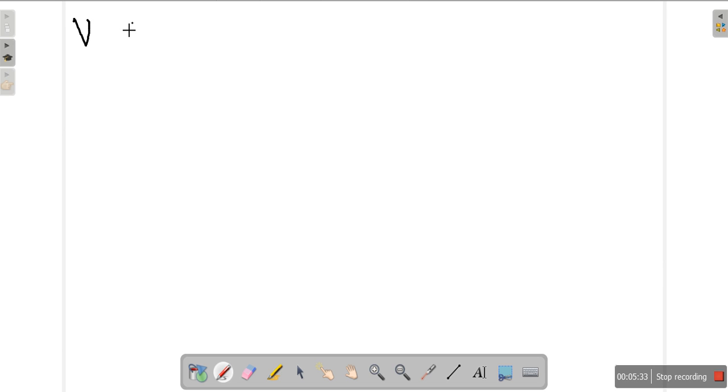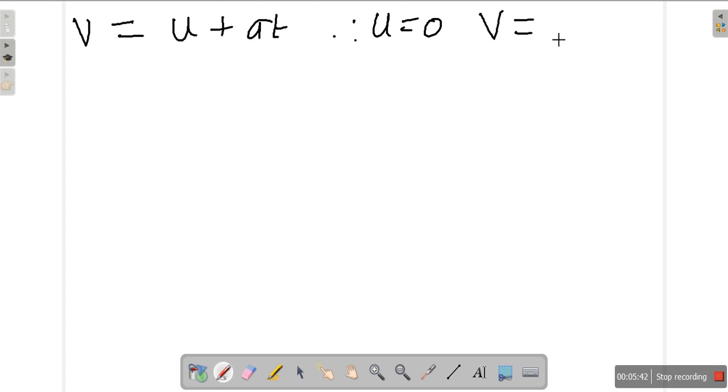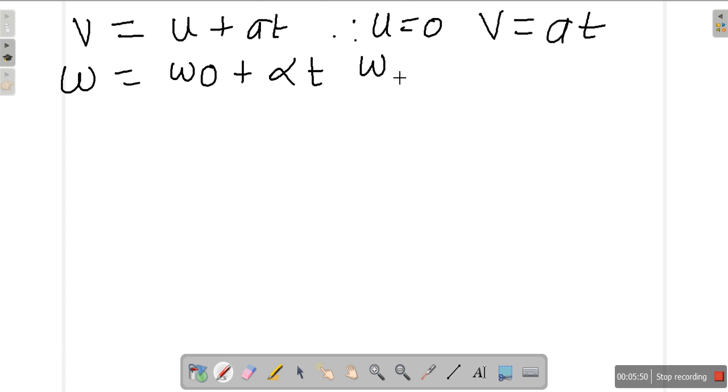So we have v equal to u plus at and u is 0 anyway. So you get v is equal to at. On similar lines, omega is equal to omega naught plus alpha t, where omega naught is the initial angular velocity. As it is released from rest, omega naught is 0. So omega will be alpha t.